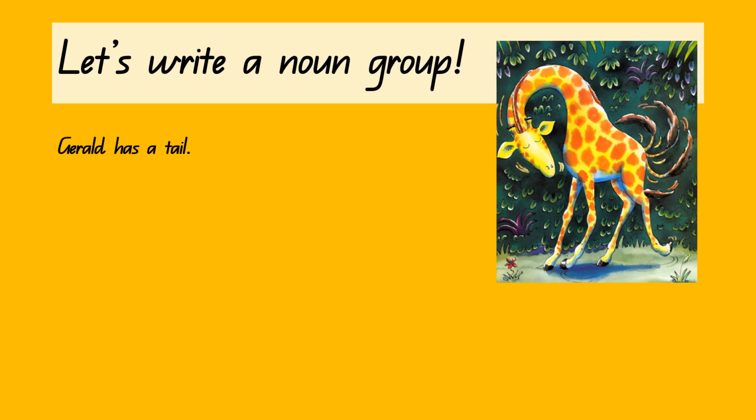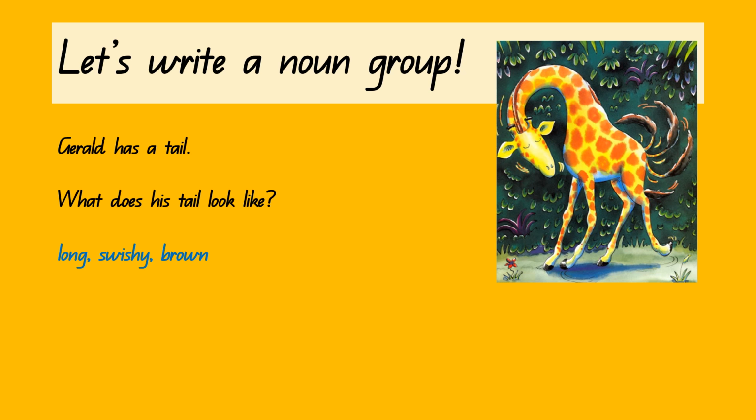Now, do you think that the author would say that Gerald has a short green spiky tail? No. When I look at the picture, I can see that Gerald has a long, swishy, brown tail.